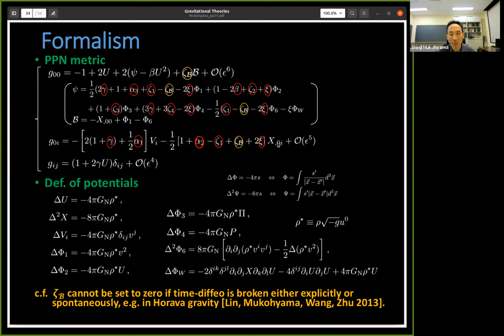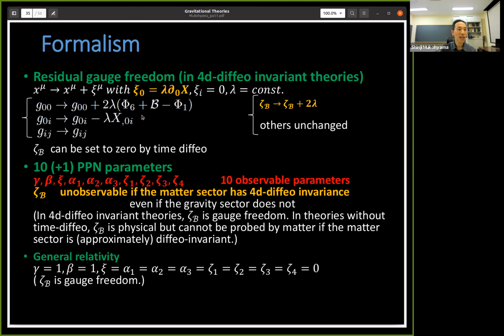Also the space-time component has this one, and they all together can be cancelled by setting lambda to minus theta_b divided by 2. So in a theory with 4D diffeomorphism invariance, we can set theta_b equal to 0, but in general we cannot.